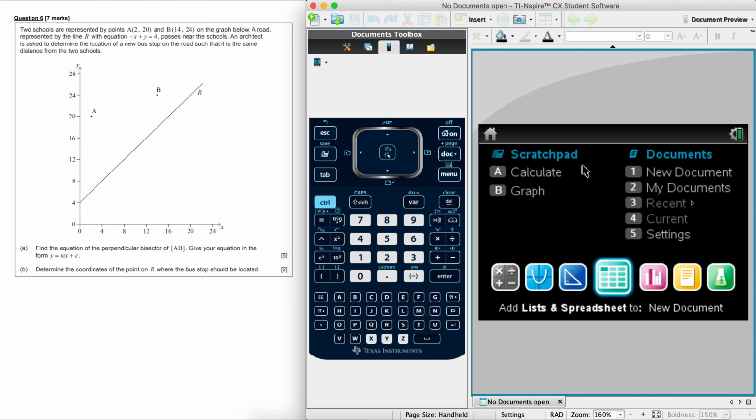And that's actually what they're leading you through in the question. So the first part is to find the perpendicular bisector of AB, and then the second part is to find that point of intersection.